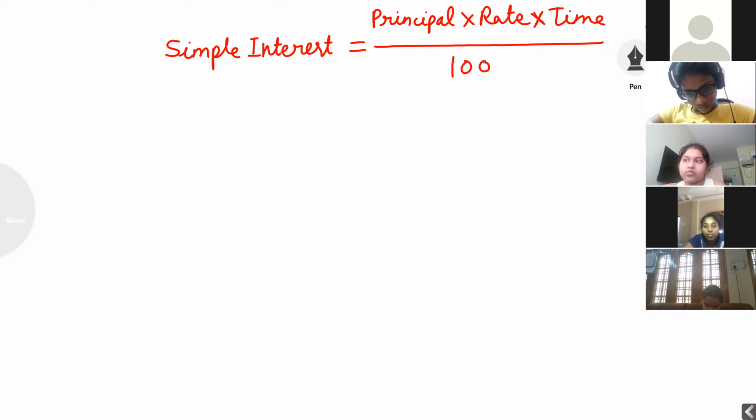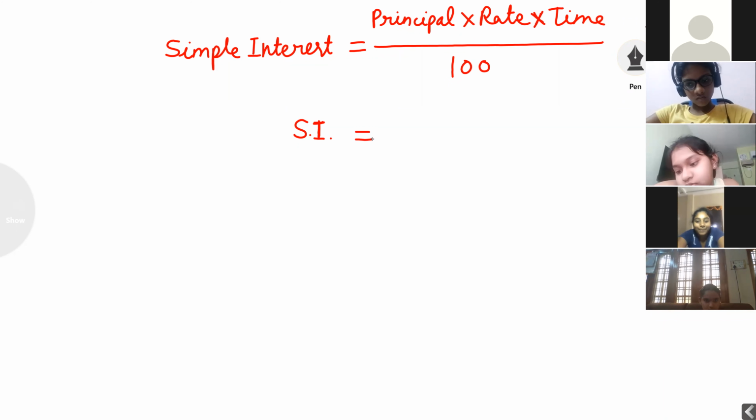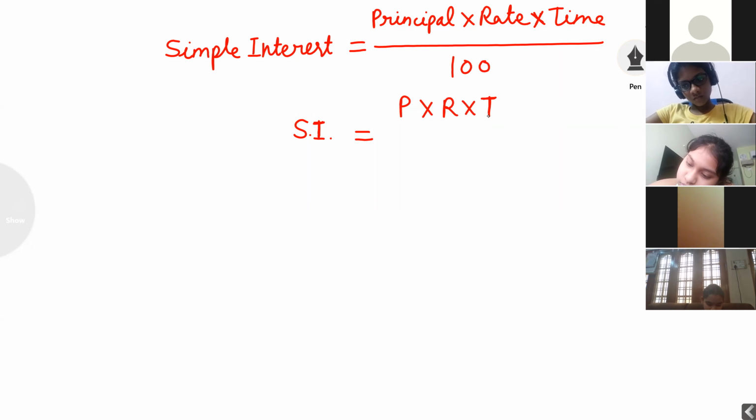Simple interest is denoted by SI. SI is not sub-inspector, SI is simple interest. Don't say sub-inspector. SI is equal to principal P into R into T divided by 100.